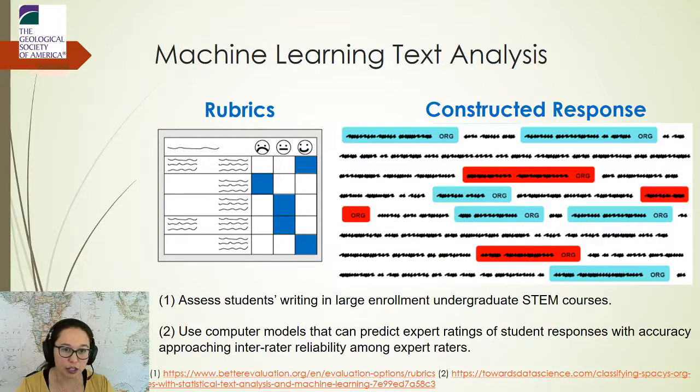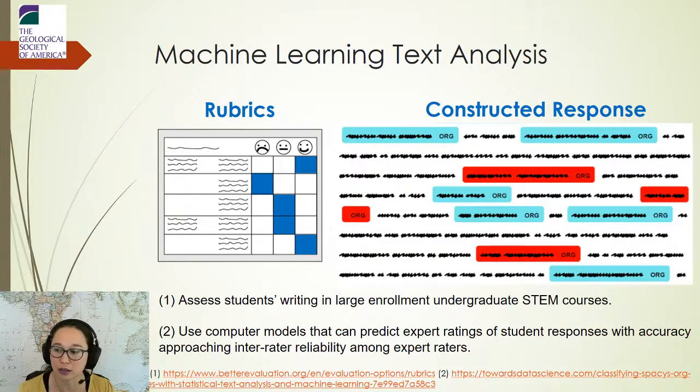So this is using computer models to predict expert ratings of student responses, right? So when I'm grading this and telling the machine learning algorithm how I'm grading it, then that algorithm can take that information and grade a new response and be consistent with how I would grade it, or how our team of graders are grading.